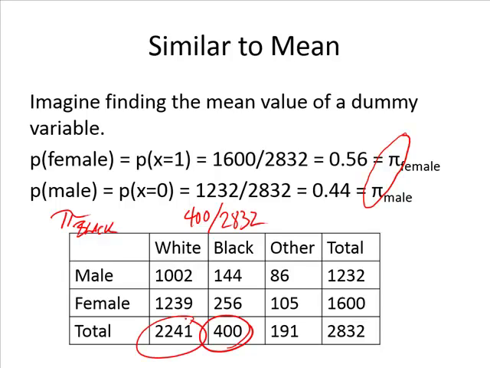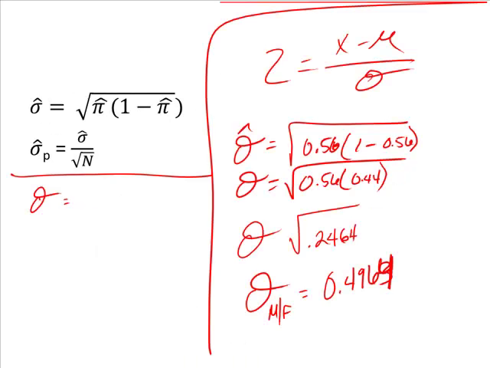So white is 2241 divided by 2832, which is the square root of the proportion of white people, 0.7913 times 1 minus 0.7913.